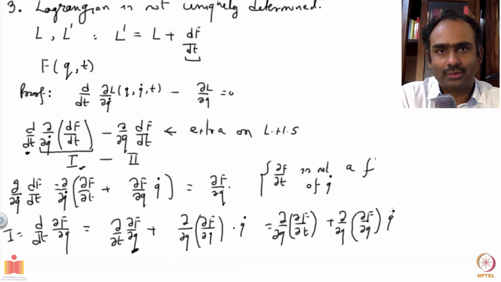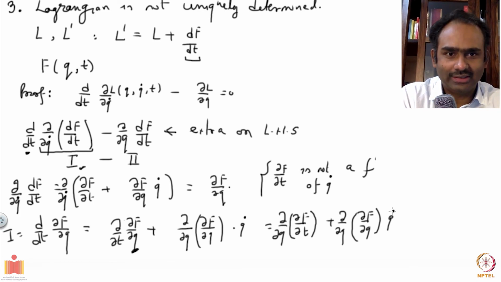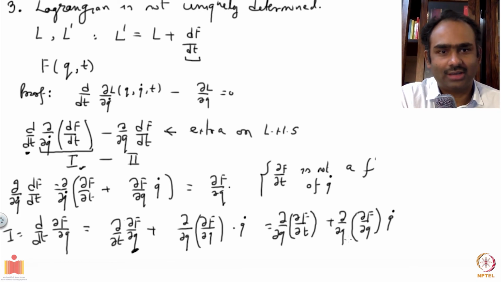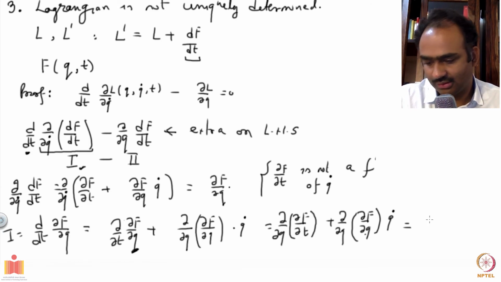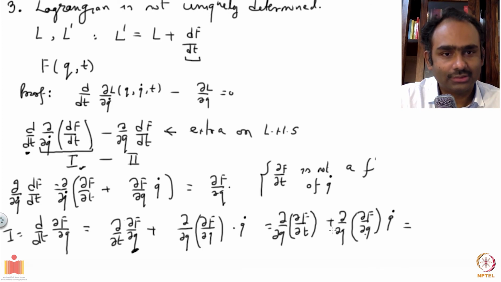If you were looking at more than one degree of freedom, your i and j will appear and you will have to take care of those things. So you have del over del q here, del over del q here.